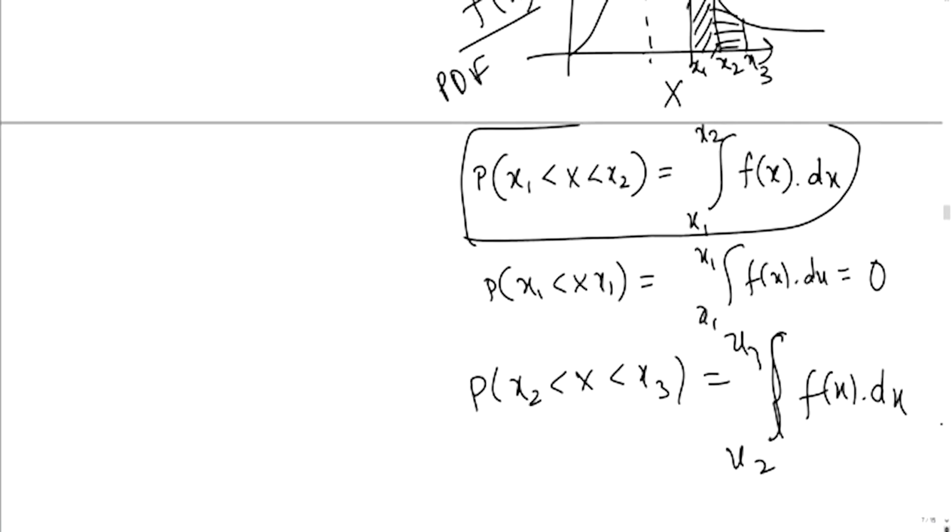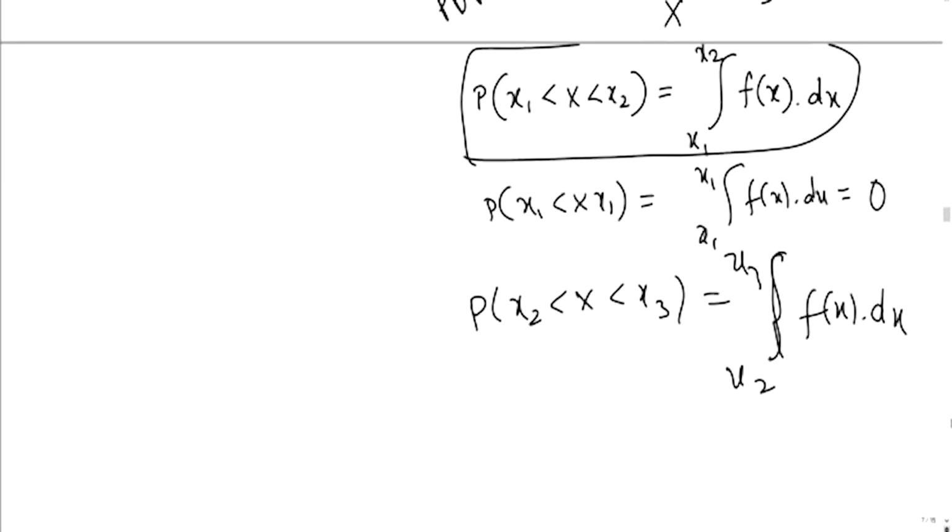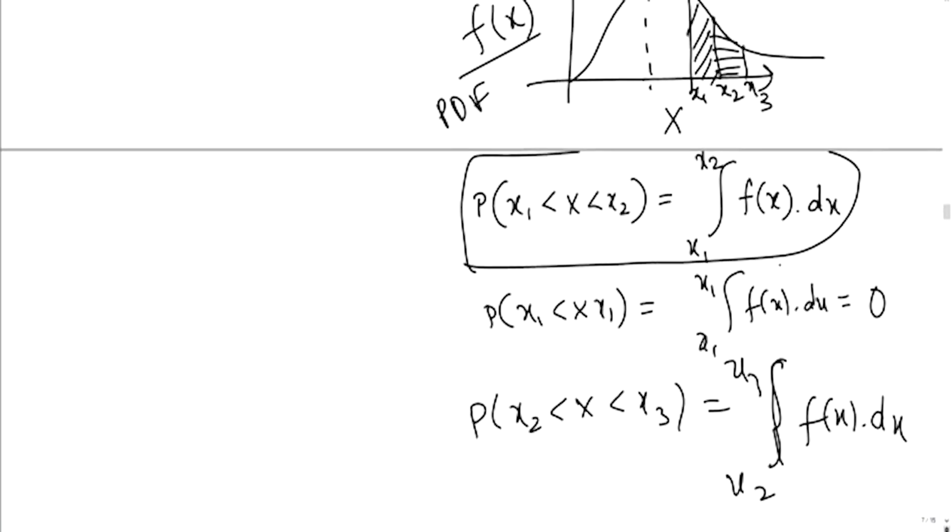Now the third axiom will apply here because the segments x1 to x2 and x2 to x3 are mutually exclusive. There is no common area between them, right?